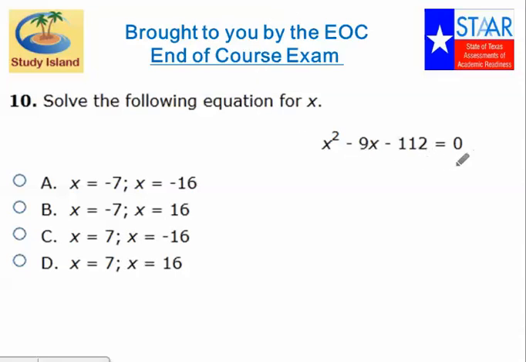Okay, it's got to multiply to make a negative 112 and add to make a negative 9. Wow. I don't know if I can do that one. 112, that's not divisible by 3. How did I know that? I added the digits together. 1 plus 1 plus 2 didn't equal a factor of 3, so it's not divisible by 3.